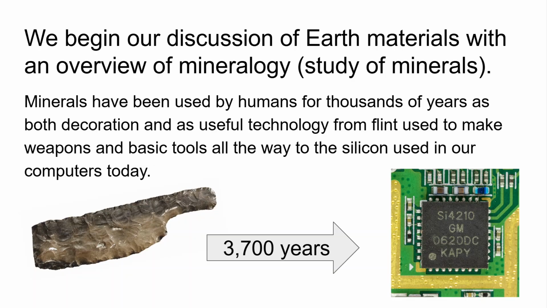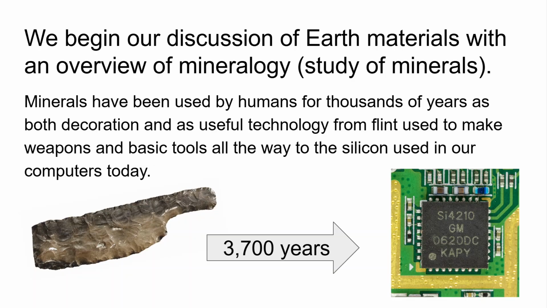And think about that, 3,700 years of evolution, and we went from chipping up pieces of flint to make a basic weapon or cutting tool, all the way up to the technology we have today, where I'm able to record a lesson and transmit it over the internet to anybody anywhere in the world on a moment's notice, basically. And that happened in 3,700 years.